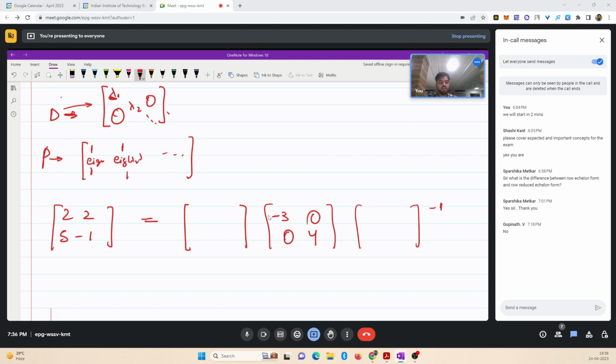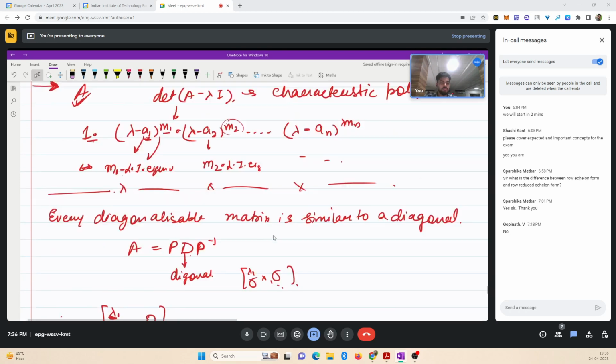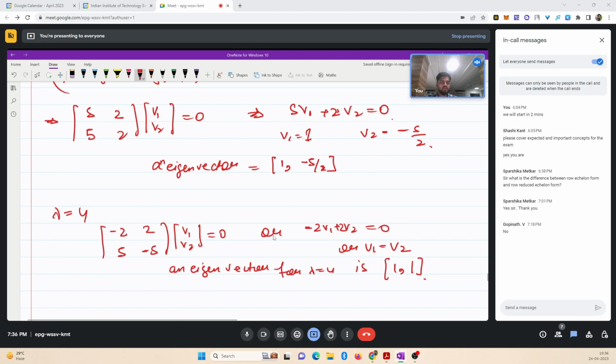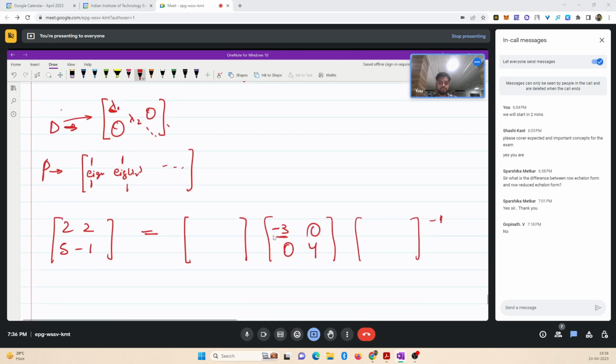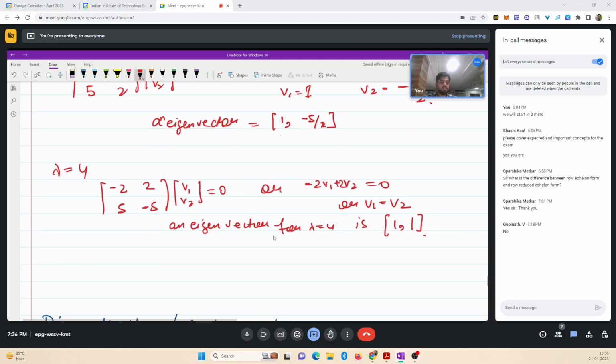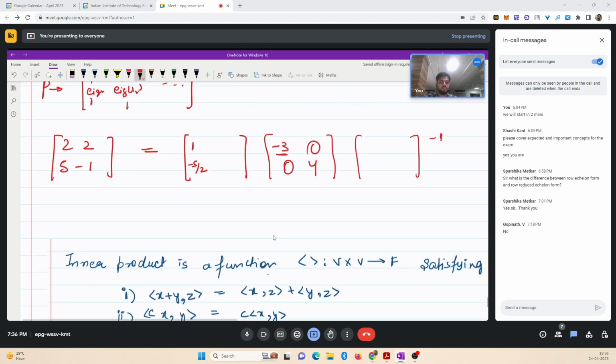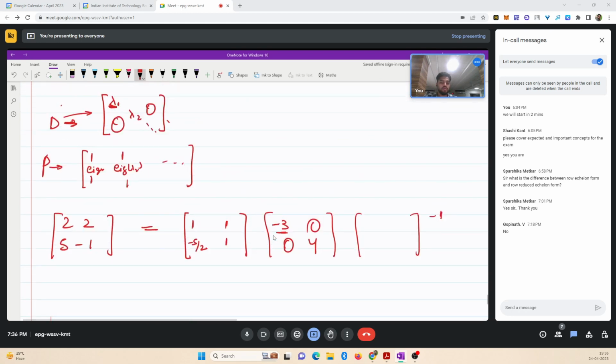And what is P? The first column is the eigenvector corresponding to minus 3, which is (1, -5/2). The second one that we obtained is (1, 1). Again, you can find the inverse, and you can write this matrix in this form. If you do the multiplication, you will definitely get this particular matrix.